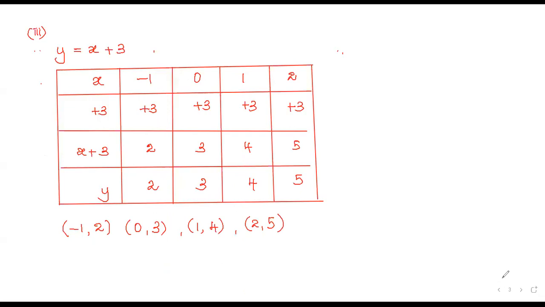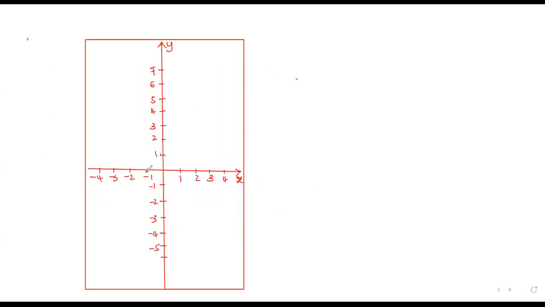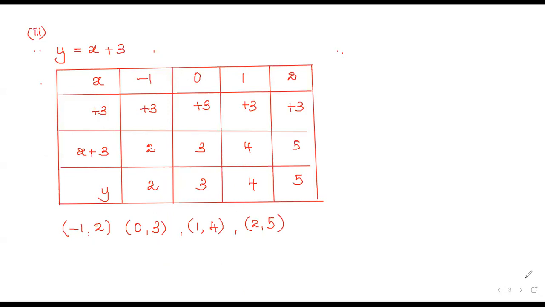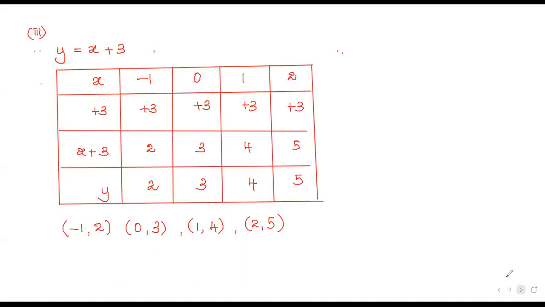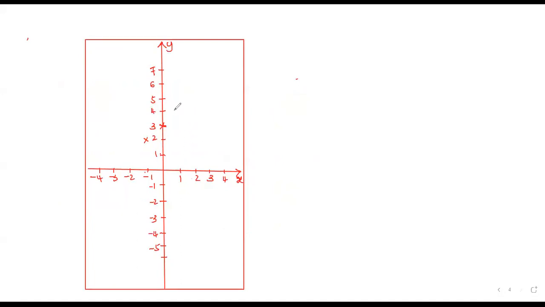So then we will take the coordinates. What are the coordinates we had? -1, +2. So then this is the point. You mark it. So then the next coordinate 0, 3. So then the 0, 3. You mark it like this. So then the next ones 1, 4, 2, 5.